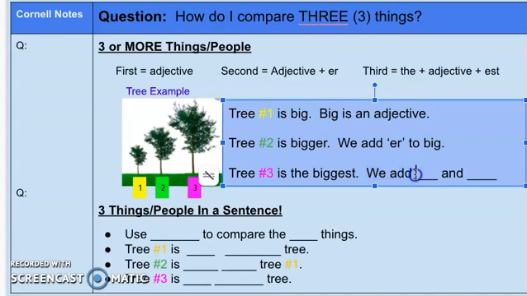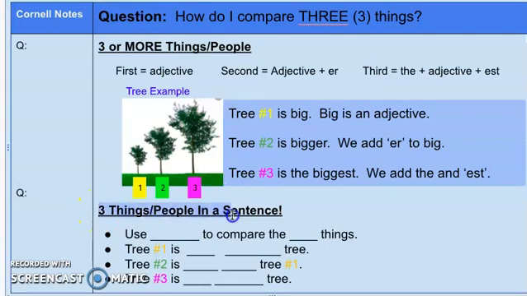We add the and est to the word. So again, let's put these in a sentence, okay? We use est to compare the 3 things.